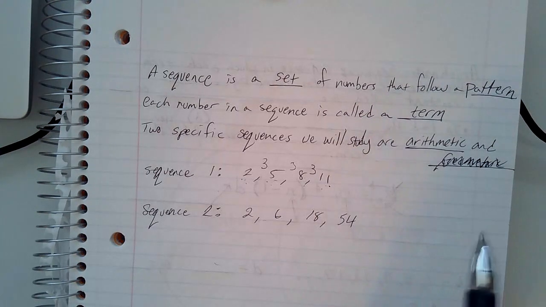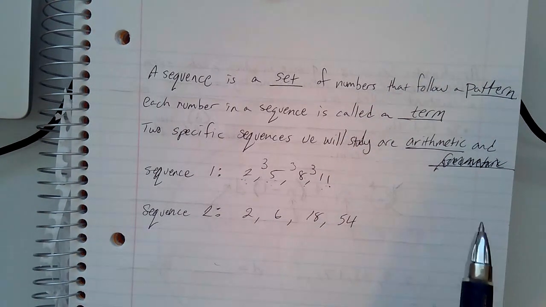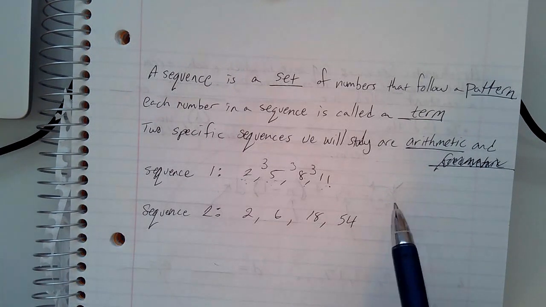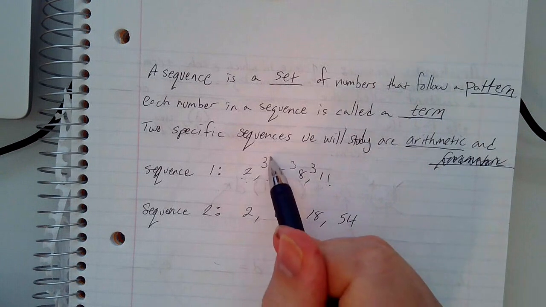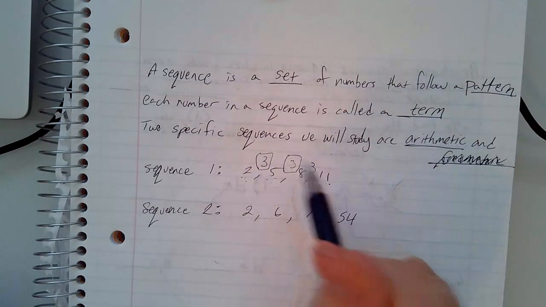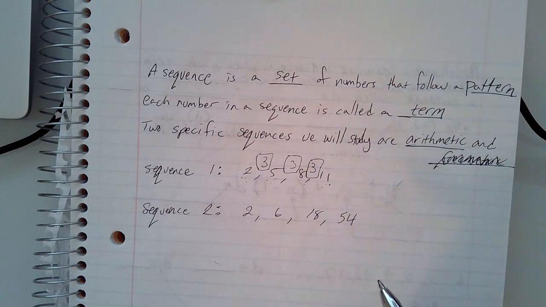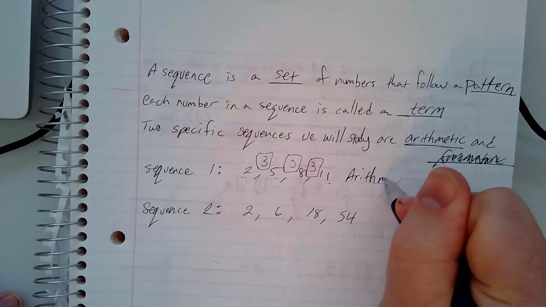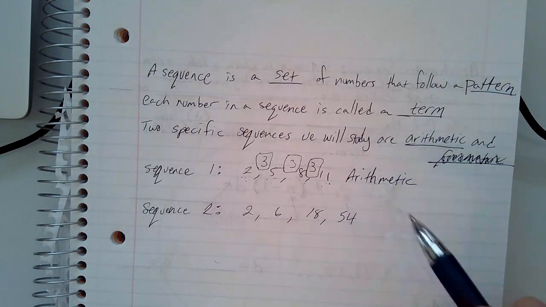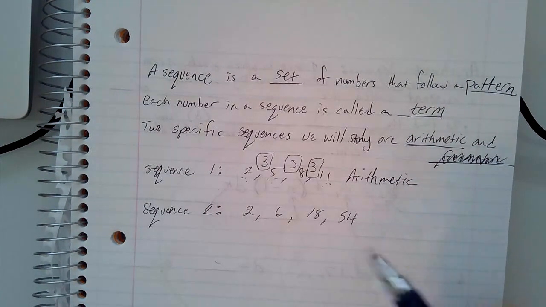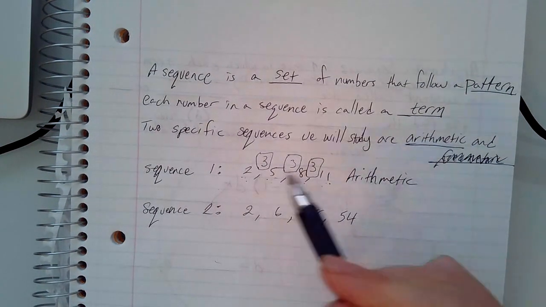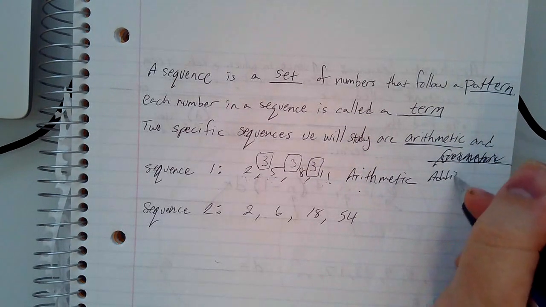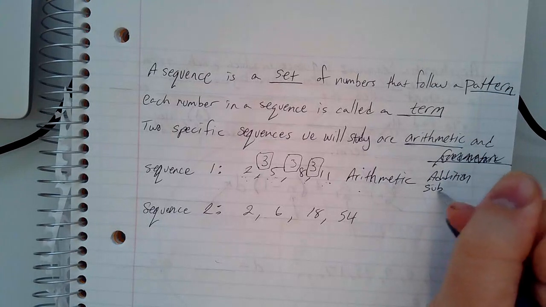All those little statements that I said, first, second, third, fourth, the word term, and this 3, all of those values are very important. This would be an example of arithmetic. It's because we're either increasing or decreasing by the same amount every single time. So we're adding 3 each time. Arithmetic, think addition and subtraction.